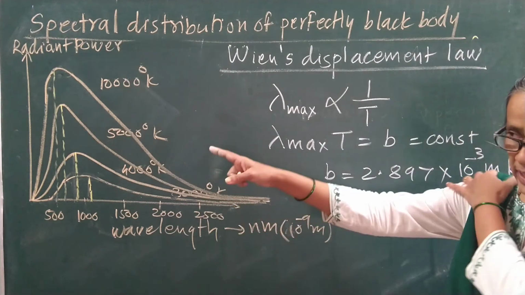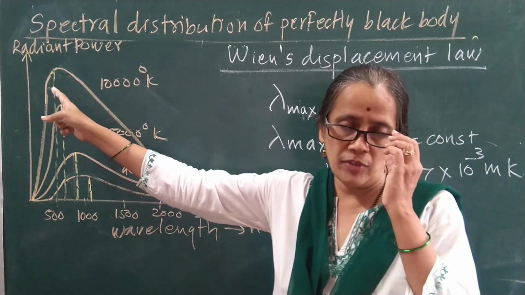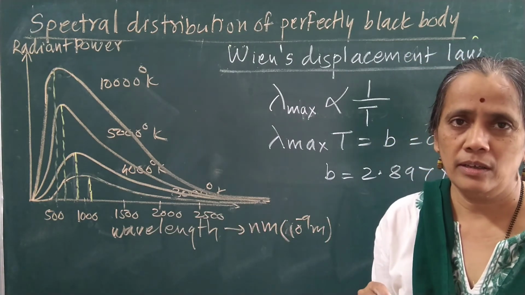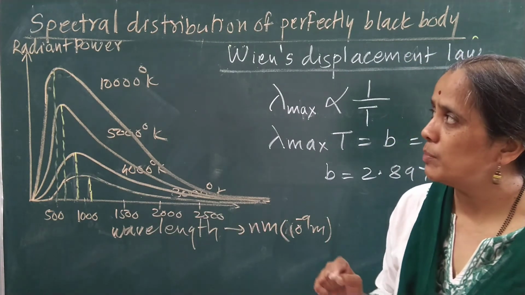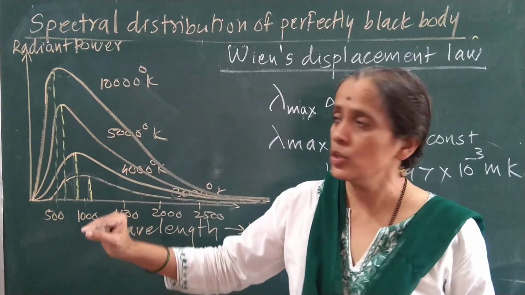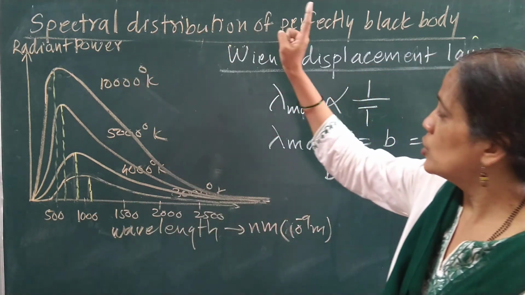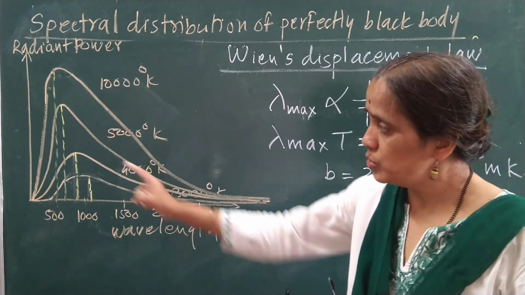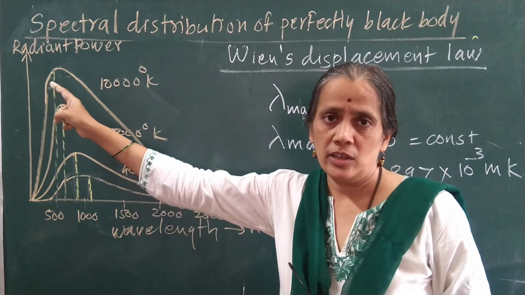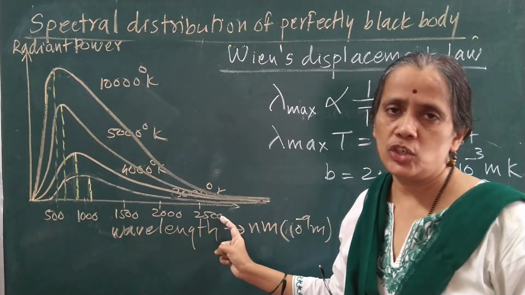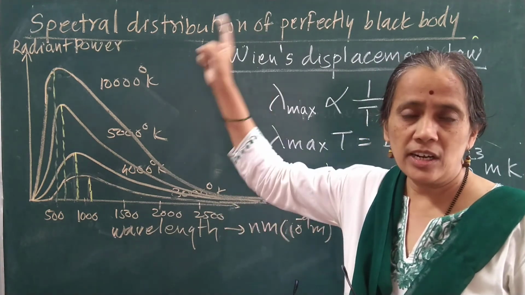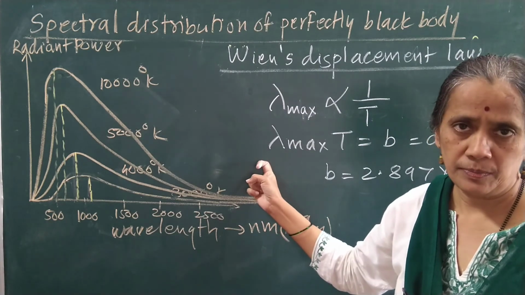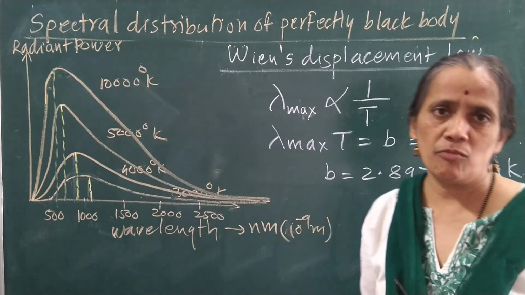तो इसके ऊपर क्या क्वेश्चंस हो सकते हैं? ये ग्राफिकल प्रेजेंटेशन सिर्फ ग्राफ ड्रॉ करने के लिए हो सकता है. So the question will be: draw the graphical presentation of spectral distribution of perfectly black body. एक दूसरा 3 मार्क के लिए: draw graphical presentation of spectral distribution of perfectly black body and write conclusions. तो जो मैंने 5 conclusions दिए थे वो.